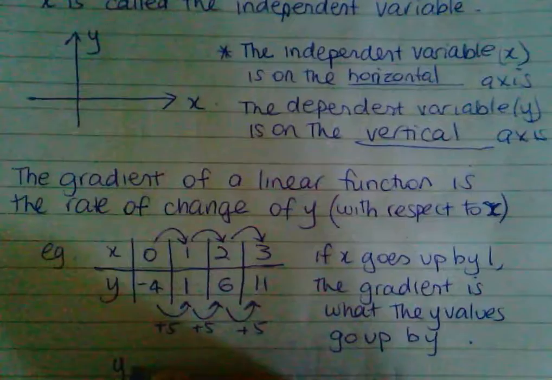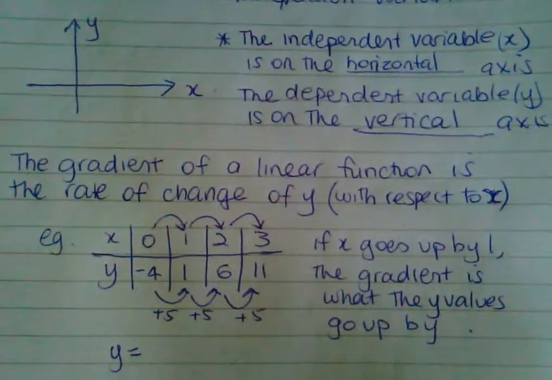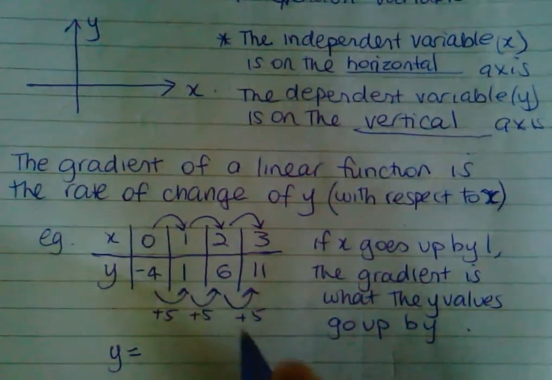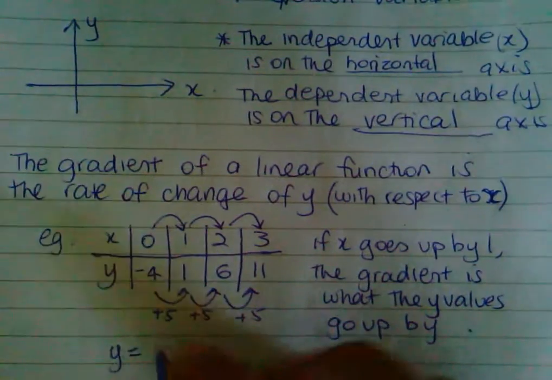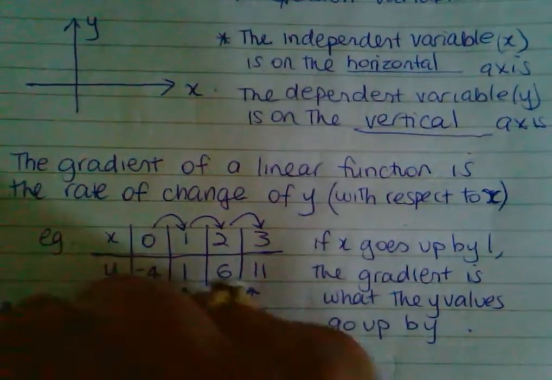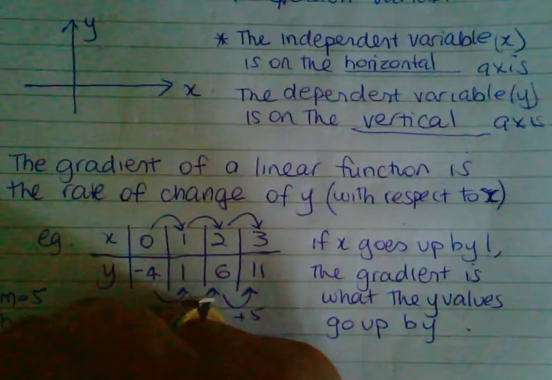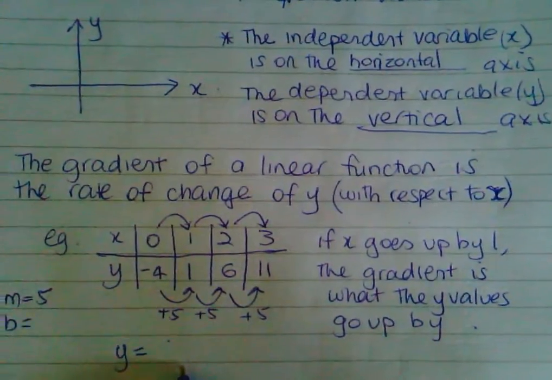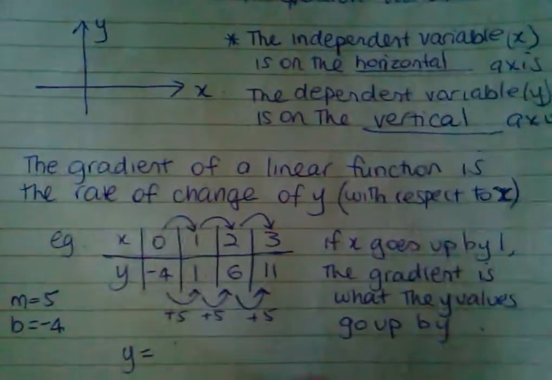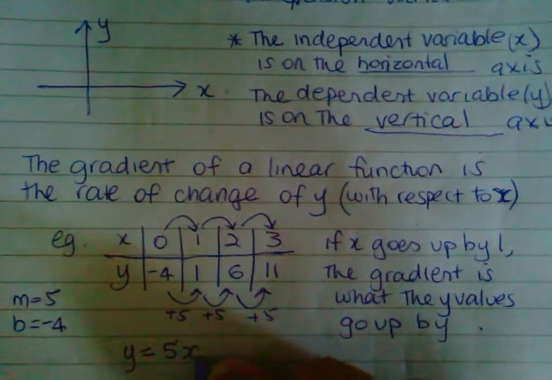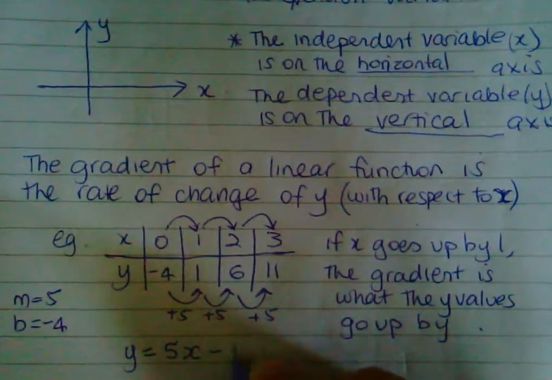Tell me what the equation of this line is. Y equals, what's the gradient? Remember, 5x, it's mx plus b. The gradient is 5. And what's the y-intercept? It's negative 4. So the equation of this line is y equals 5x minus 4.